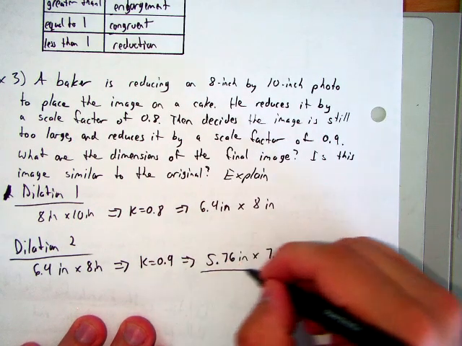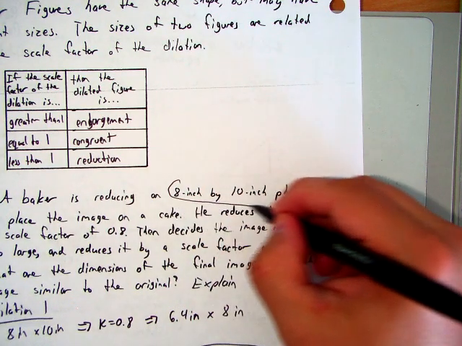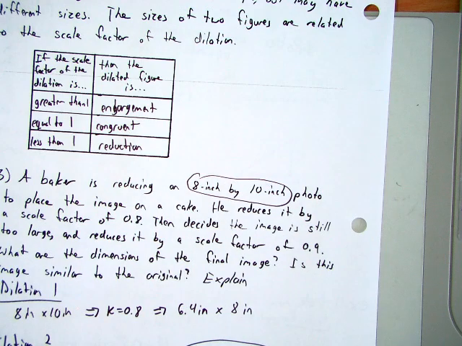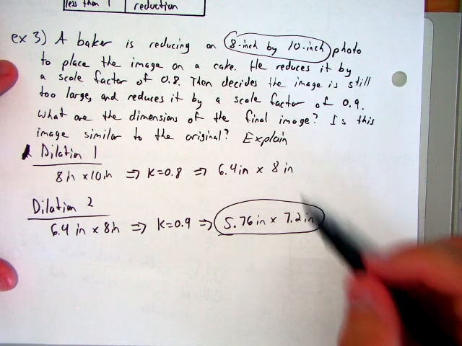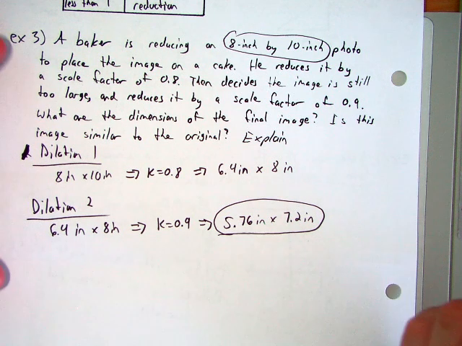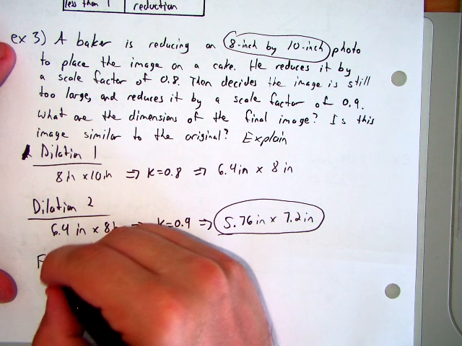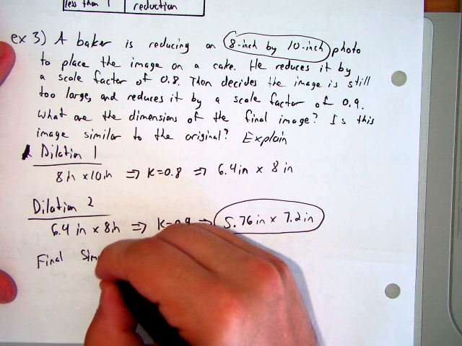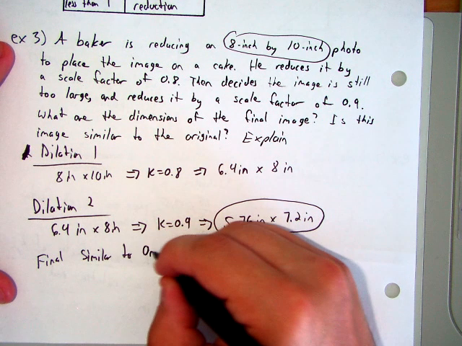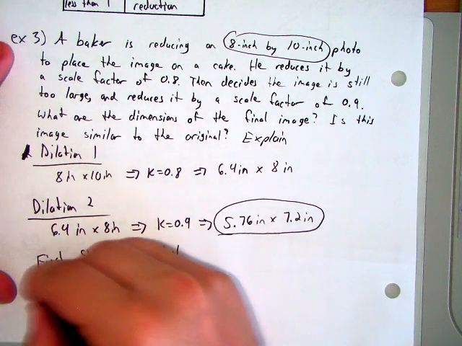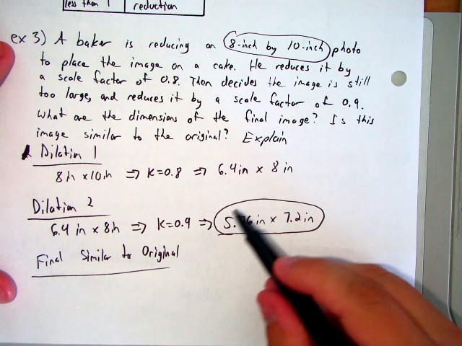Now it wants to know, is this shape similar to the original? Well, let's find out. If they are similar, they should have the same scale factor. So the first dimension, let's do the 5.76.